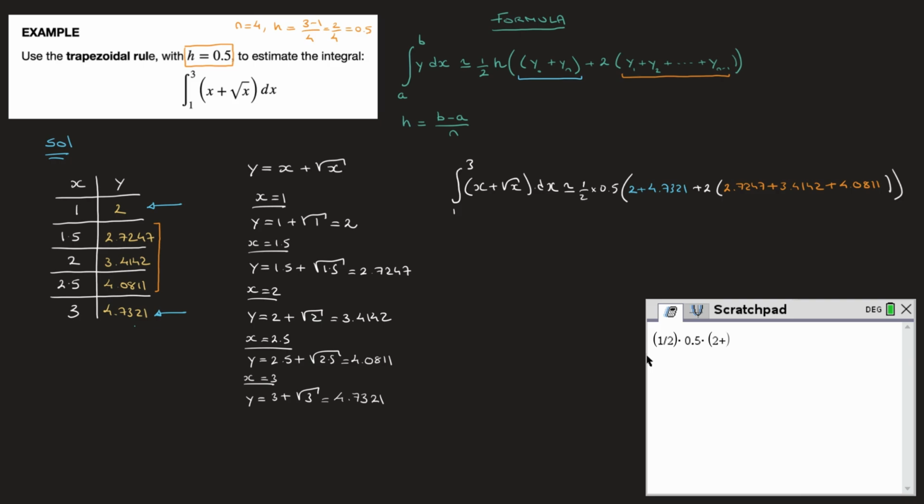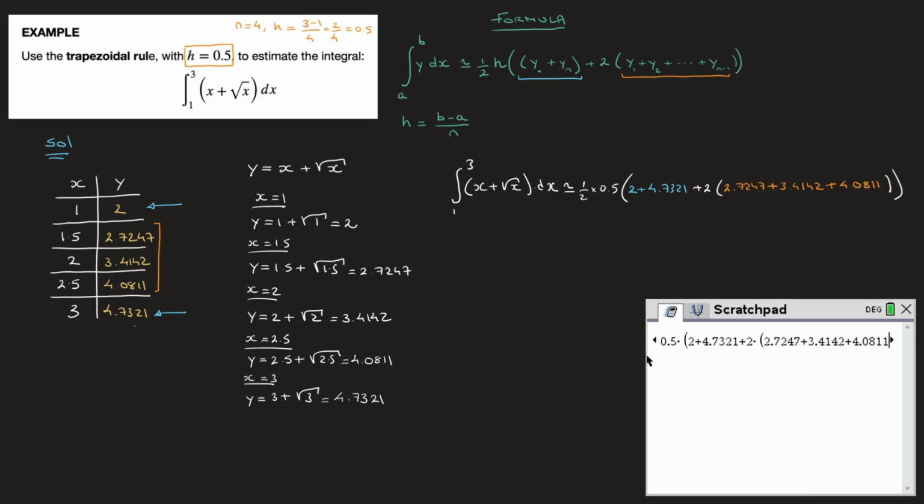That's 2 plus 4.7321 plus 2 times, and I then open up a pair of parentheses, so plus 2 times, I open up a second pair of parentheses, the sum of these three y values. So that's 2.7247 plus 3.4142 plus the last one we have here, which was 4.0811.